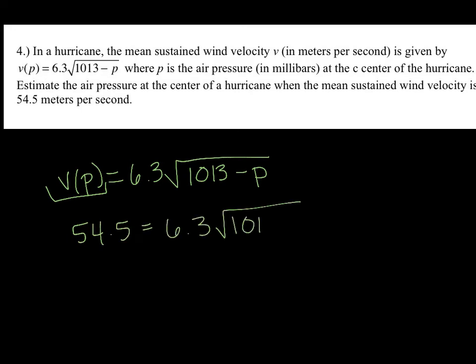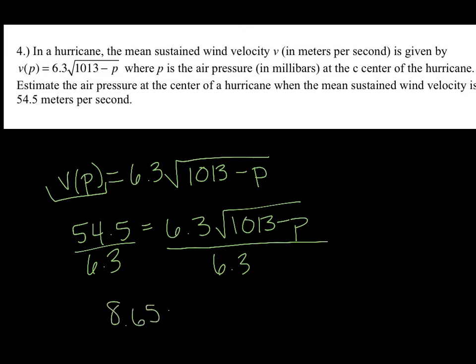And we're going to find P. So if this is 6.3 times that radical, if we're trying to get the radical by itself, because that's the first step, we need to divide both sides by 6.3. So 54.5 divided by 6.3 gives you 8.65.